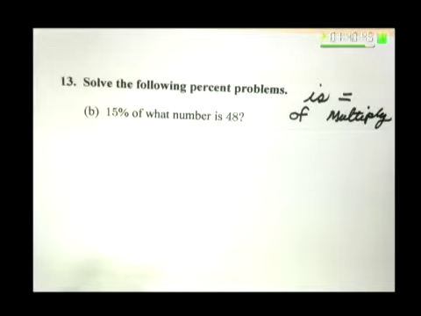All right? So the first thing we're going to do when we work this problem is to translate it literally, word for word. I'm going to read the problem first, just like I've done on all word problems, and then I'm going to go back and translate. 15% of what number is 48?